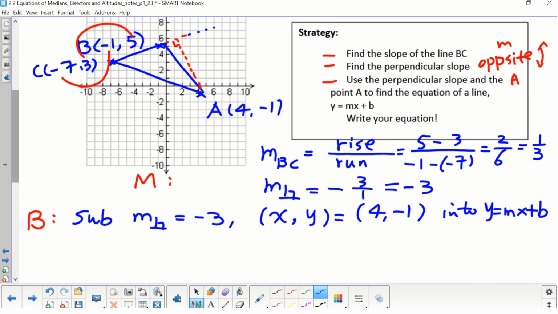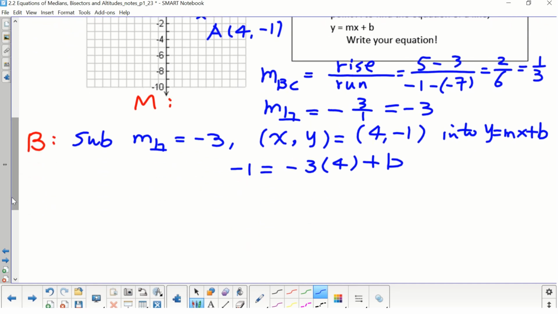Then we have -1 equals -3 times 4 plus b, and solve for b. So -3 times 4 gives you -12. We want to isolate b. We want to move the numbers to the other side, do the opposite operation. -12 becomes +12. So we have 11 equals b.